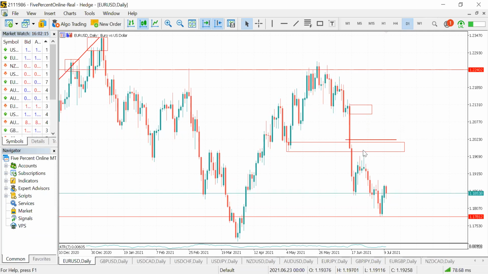Then we had a pullback 2 weeks ago. We called this next leg lower. However, that leg lower has signs of weakness. I believe there were some fundamentals causing this reaction to the upside. Of course, it was getting close to this key level back here and reacted to the upside.